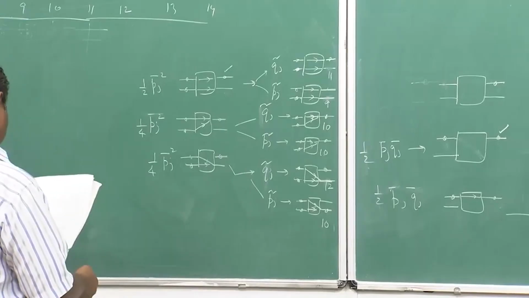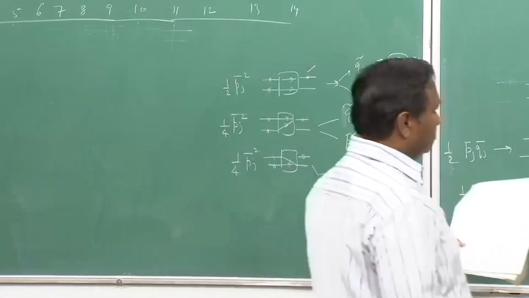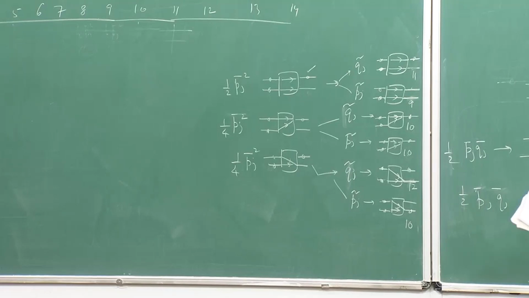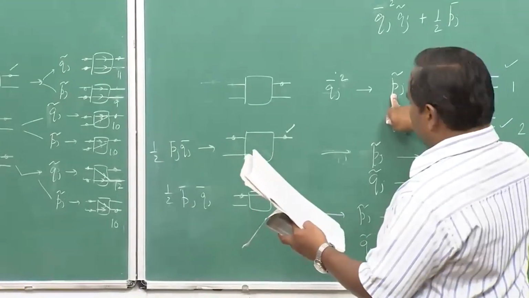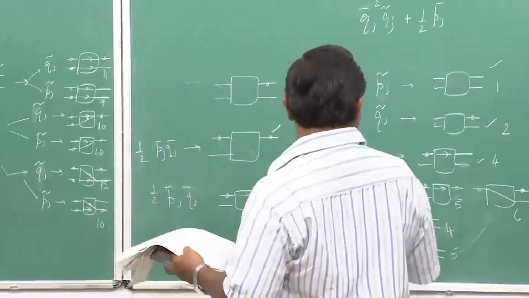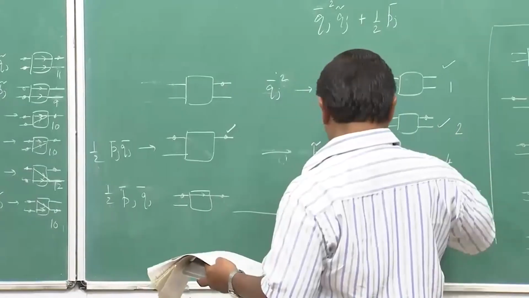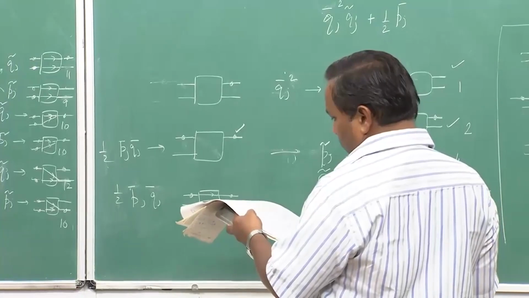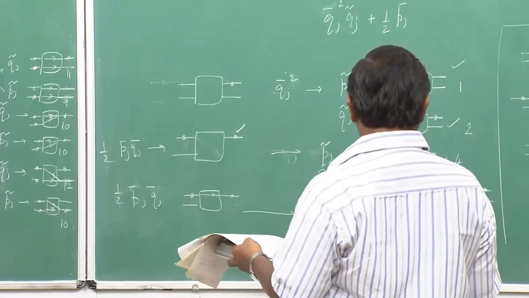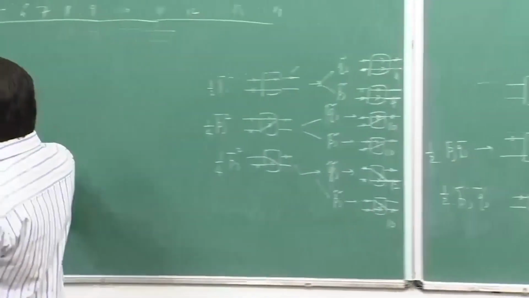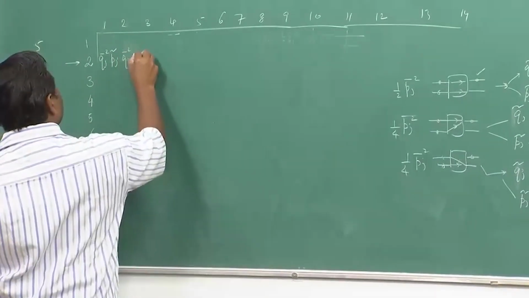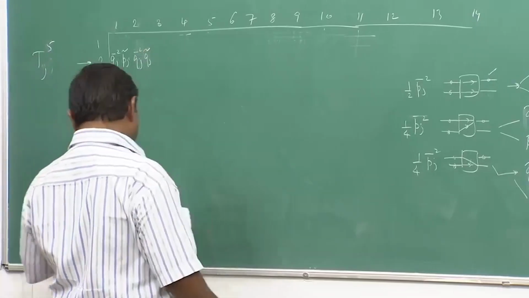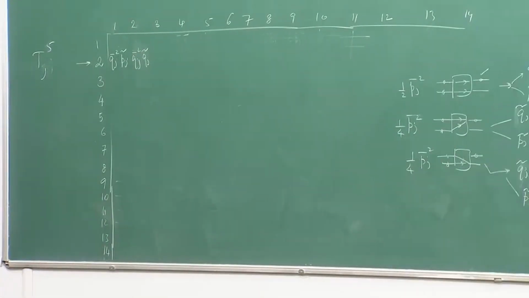So, I have to just add up all the values and then put them in. So, state 1 corresponds to qj bar square pj tilde, which is perfect, I have put it in there. State 2 is not repeating anywhere, it is qj bar square qj tilde, which is perfect. Okay. Now, look at state 4, these two terms have to be added.